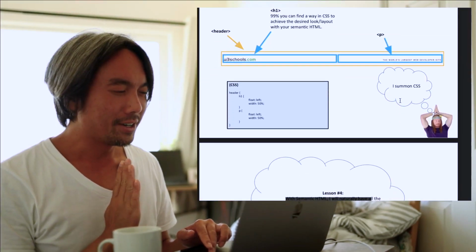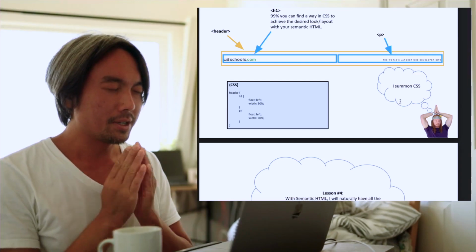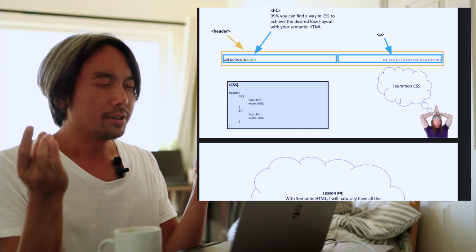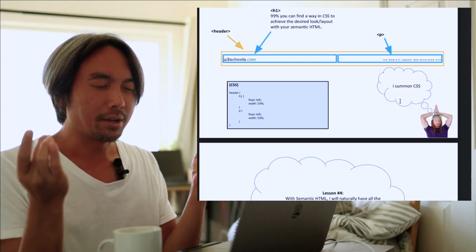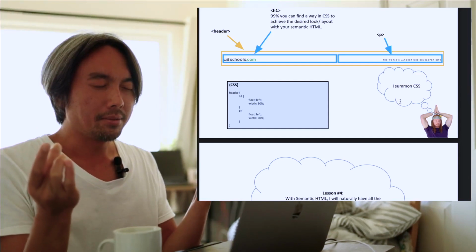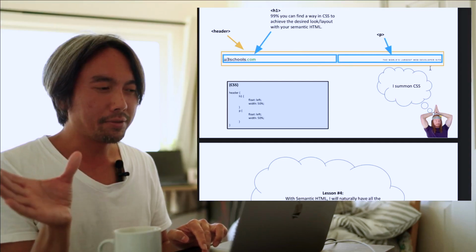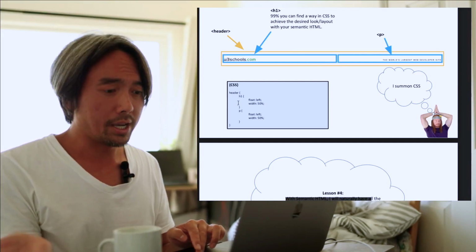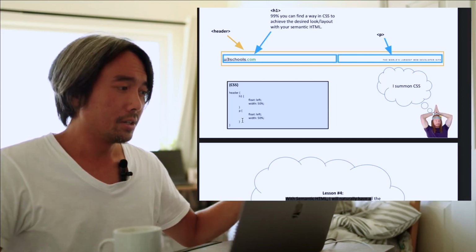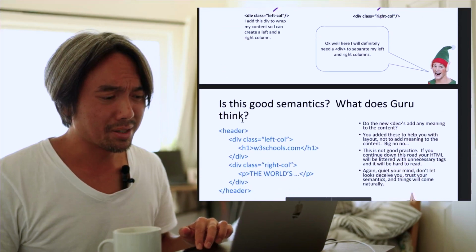So here the guru, with his original semantic HTML, summons CSS. And as you can see, without thinking ahead, he already naturally has a wrapper for the left and the right column, which is just the H1 tag and the P tag. He doesn't need an extra div tag on the outside. This extra div tag was quite unnecessary.